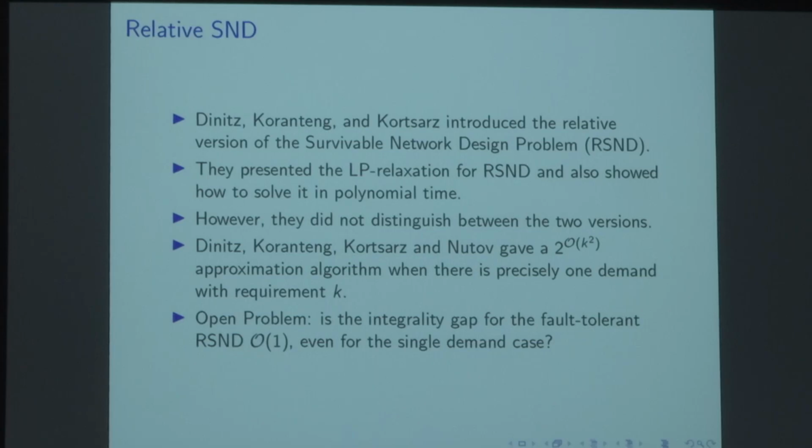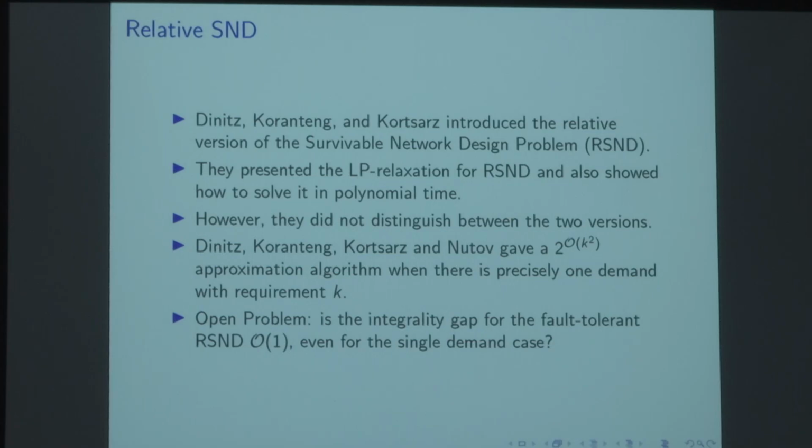In a follow-up work, along with the authors, along with Nutov, they gave a 2 to the power k squared approximation algorithm for the fault tolerant version, when there is a single demand, where you just have s and t, and you want to find a subgraph which has k disjoint paths between s and t.